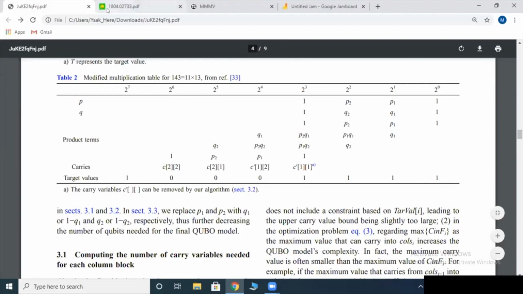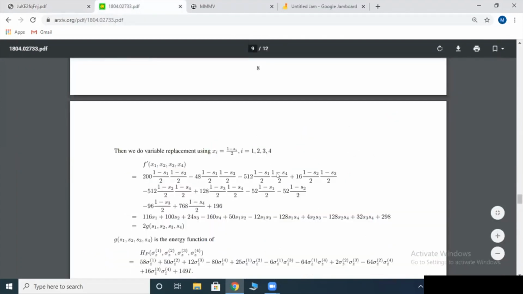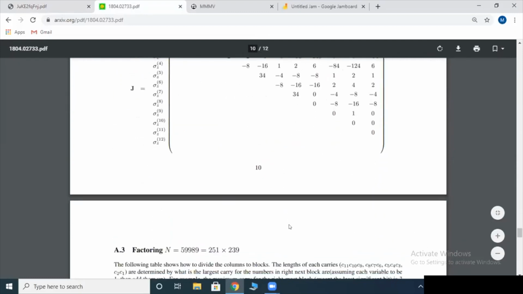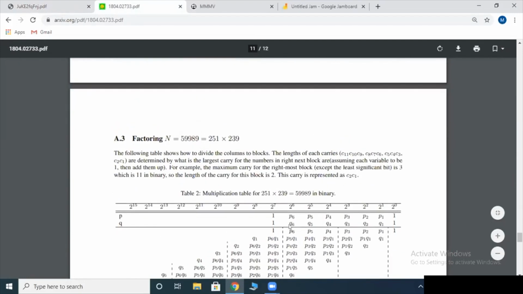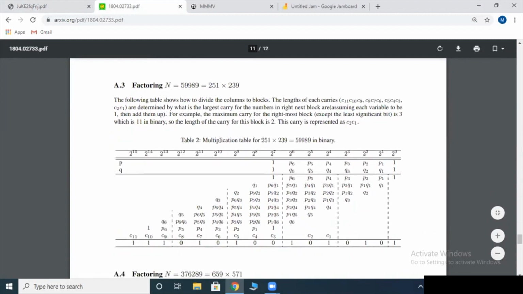As per the previous paper to this paper which we are discussing today, we already have an assumption where, see here, we have a multiplication table they have generated for 251 into 239. For this particular scenario, we could group it into 3.